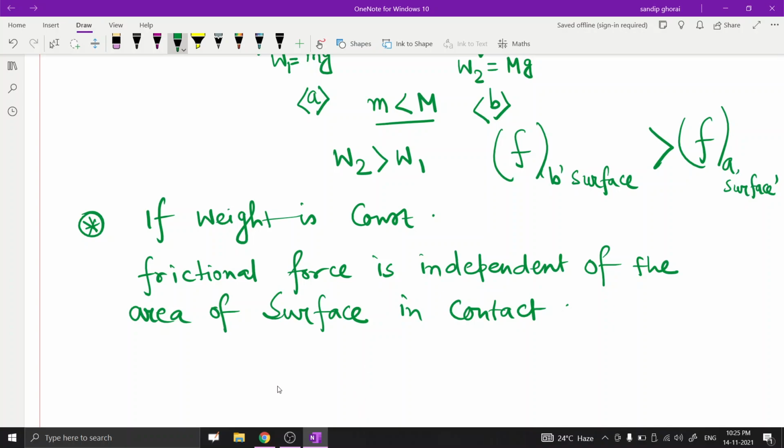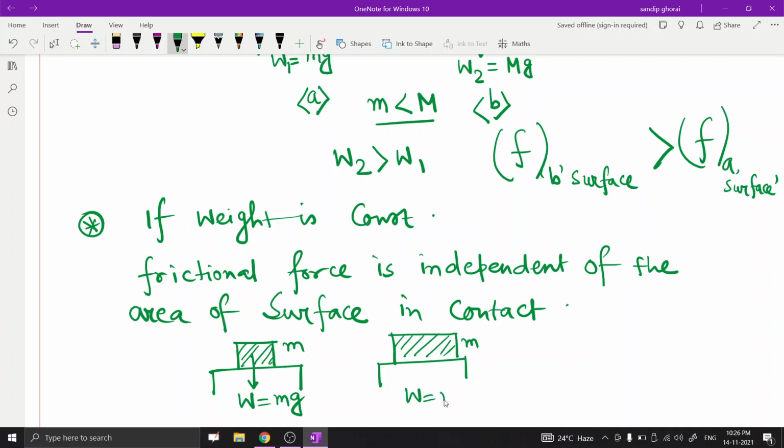different bodies but their weight is same. If we take the same surface like this, in this case one is like this, with small m, and another is like this, and for these two cases mass m is same, so that means the weight of the body is same for both cases.